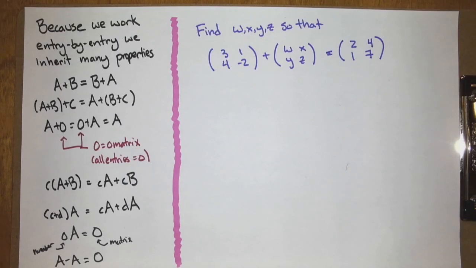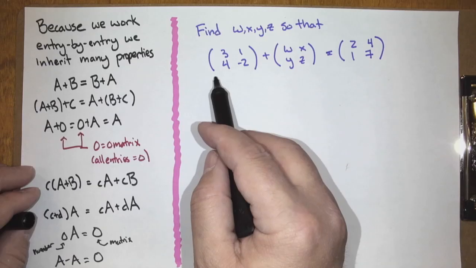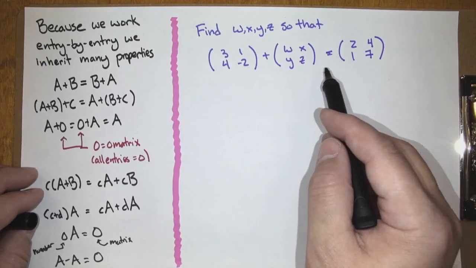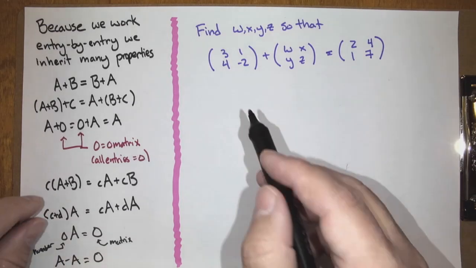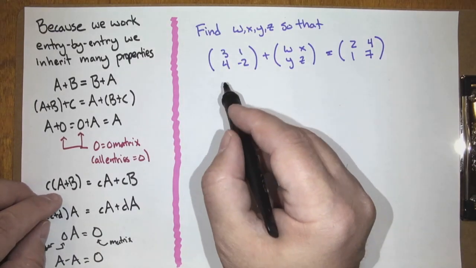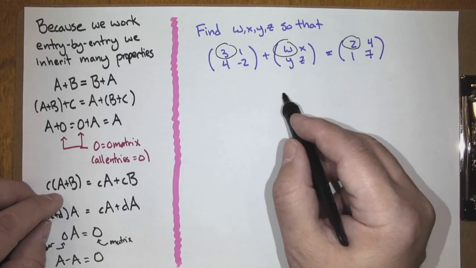Now we're just about out of time, but you can solve. So you could say, hey, if I have a matrix plus a matrix of unknowns and I want to get 2, 4, 1, 7, you just think entry-wise, right? In the first entry, you want 3 plus W to be 2.